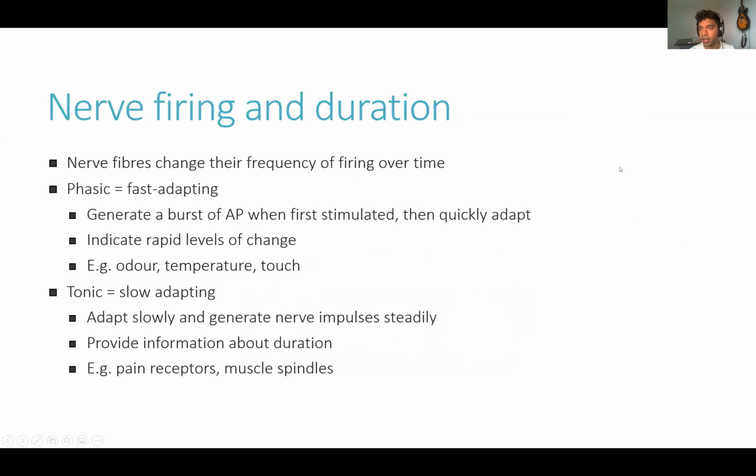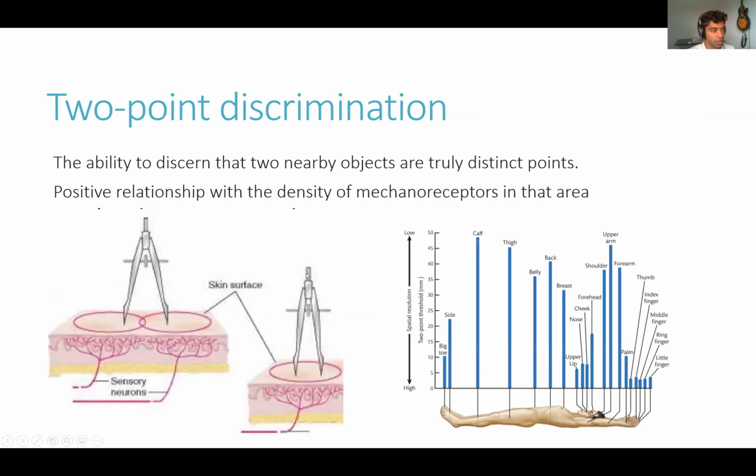Your nerve firing can be phasic or tonic. Phasic is when it's fast adapting, so it adapts very quickly. So there's a short burst of action potentials, and then it quickly slows down. And then tonic is very slow, gradually increases in frequency, and then it maintains that. So that way you can provide information about the duration of some kind of stimulus.